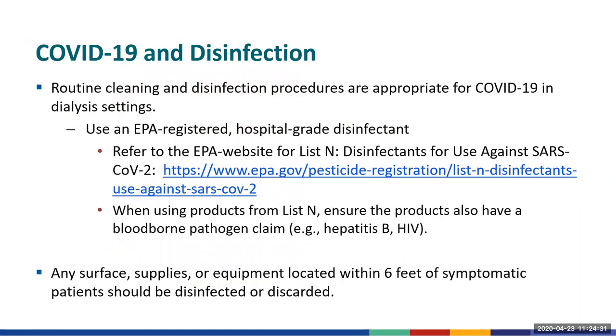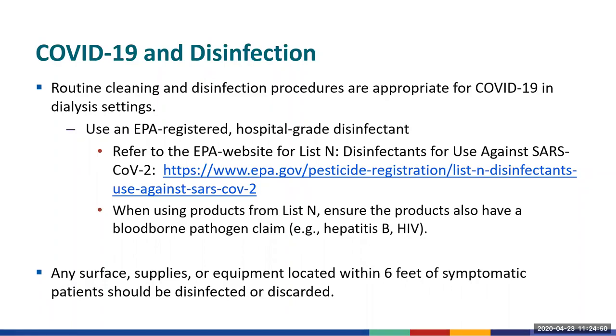The routine cleaning and disinfection procedures that we've discussed so far are all appropriate for COVID-19 in dialysis settings, as long as you use an Environmental Protection Agency or EPA registered disinfectant that is designated for use against SARS-CoV-2, the virus that causes COVID-19.